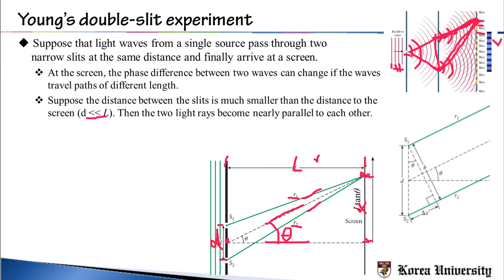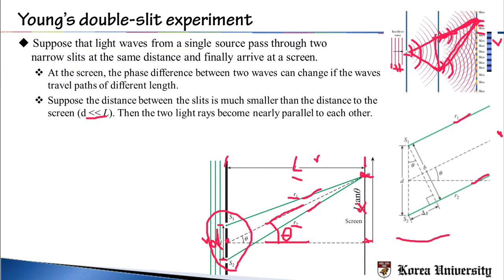They are not exactly parallel, but we can assume they are because L is much larger than D. So we can redraw this part: these two lines look almost parallel, and eventually they merge far away at the position.